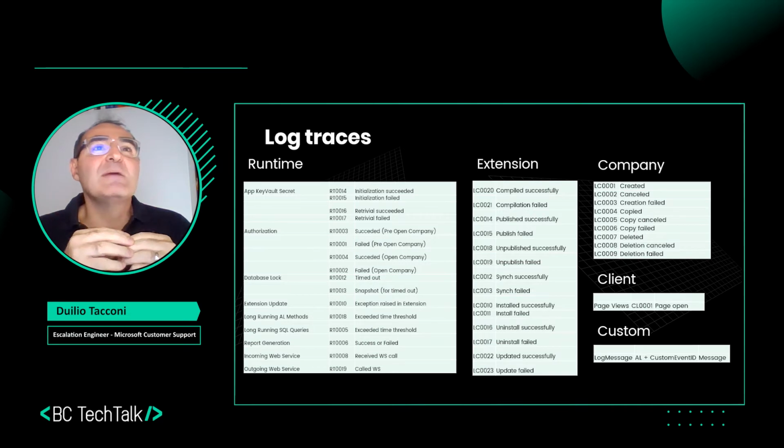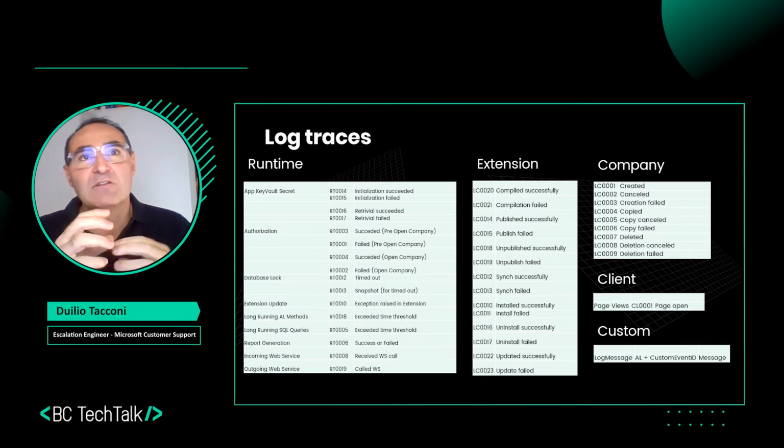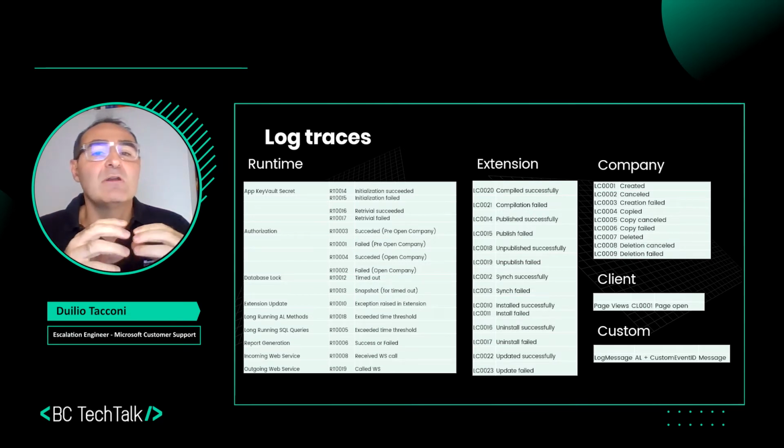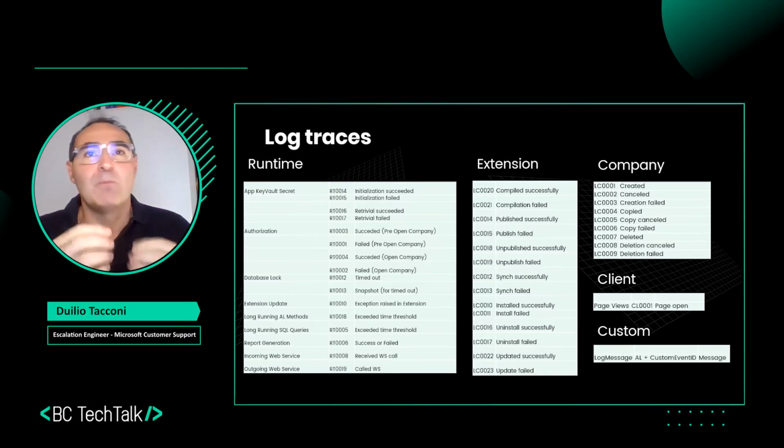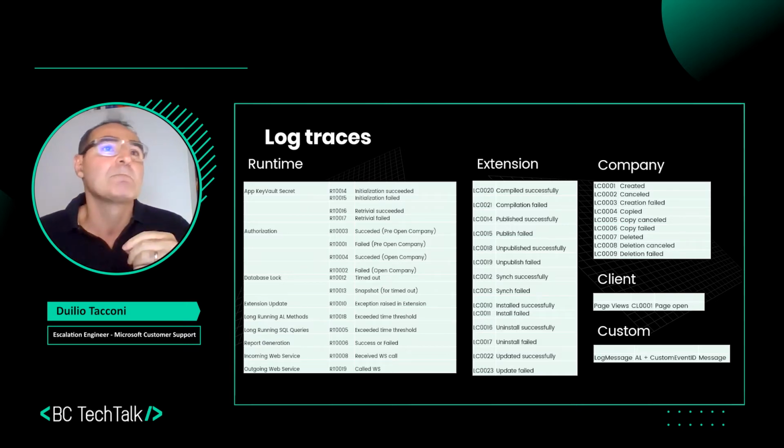Runtime traces typically keep track of authorization, performance of the application, and incoming and outgoing web service calls. In this way, you might keep track of your integration, for example, with Power BI, CDS, Microsoft Teams, or whatever type of web service API integration call you have in mind.